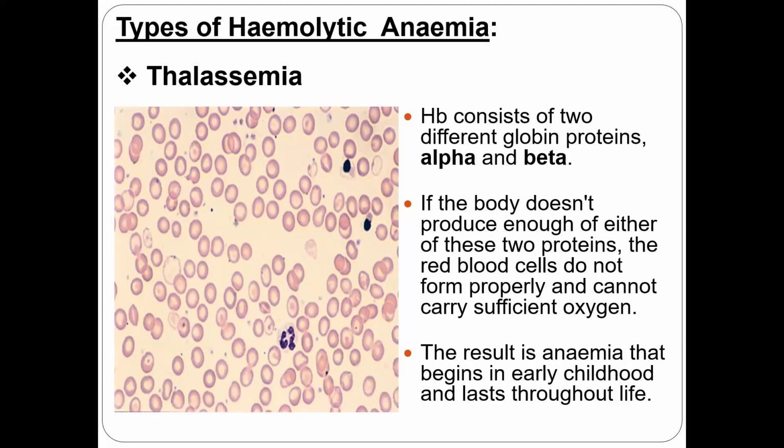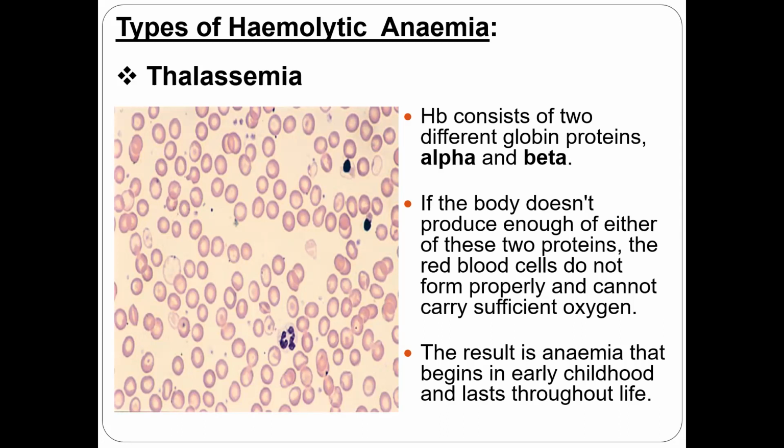So you have 3 alpha, 1 beta, or 4 alpha, no beta, and similarly for beta, 3 beta, 1 alpha, or 4 beta, no alpha. These are the abnormalities that can cause the red cells to hemolyze.